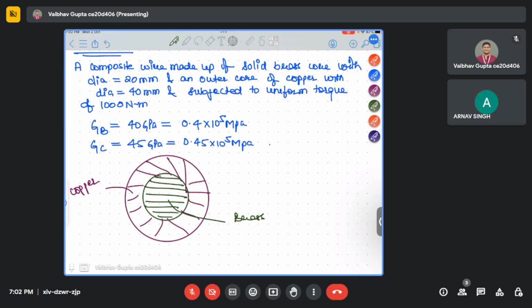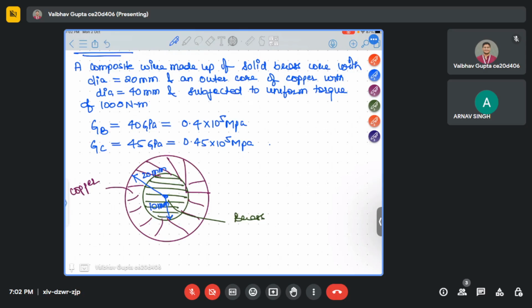So diameter of brass is given as 20 mm, so radius will be equal to 10 mm. And diameter of copper is given as 40 mm, so radius will be equal to 20 mm. Understood? And they said torque is applied to this section, which is equivalent to 1000 Newton meter.